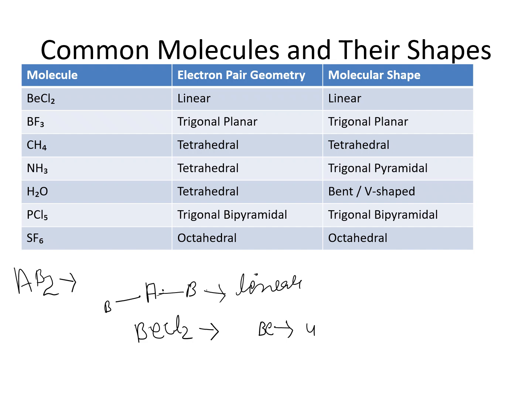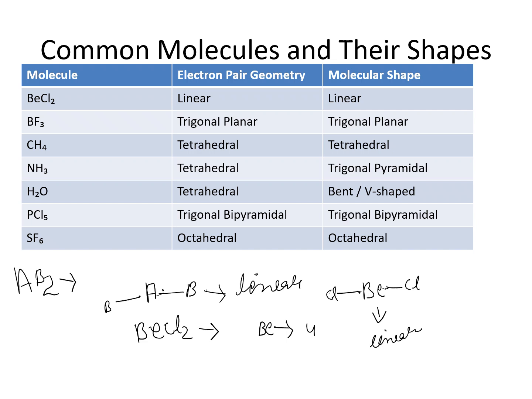Okay, how many? 4. So, what is the geometry of BeCl2? Beryllium has 2 electrons present as valence shell electrons. So, the geometry of beryllium chloride is linear. Understood?